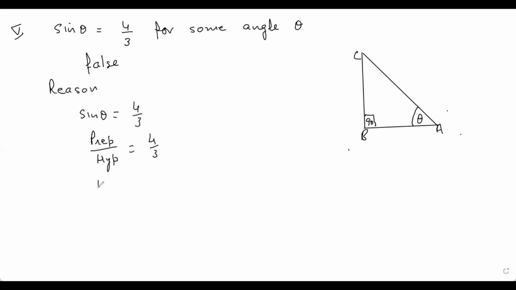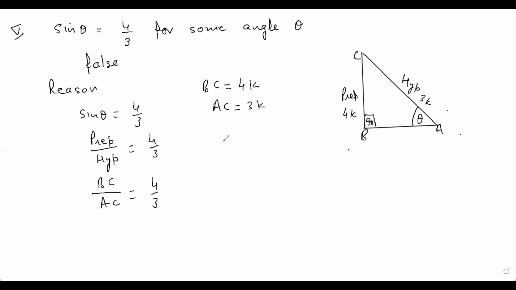Perpendicular here is BC and hypotenuse here is AC. It means the ratio between BC and AC is 4:3. So BC is equal to 4K and AC is equal to 3K.